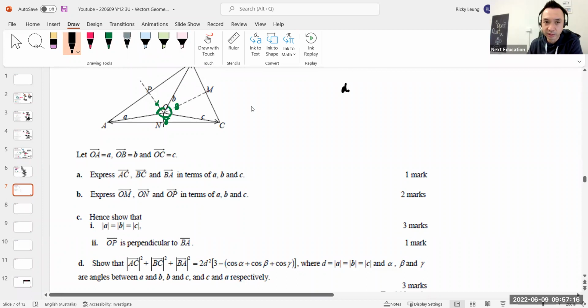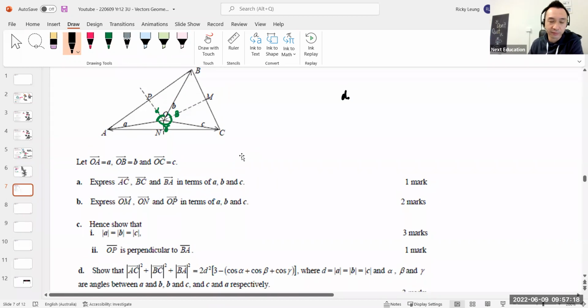Right now it's just over here, in the first triangle, between AB and alpha. I've got cos alpha equals A dot B all over AB, right?